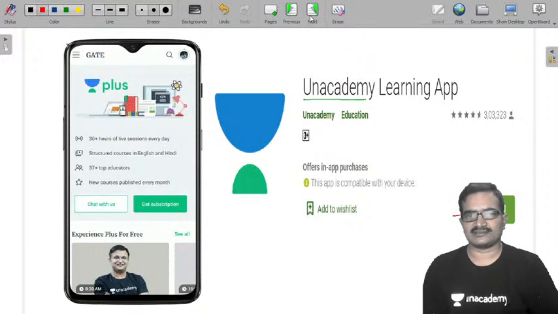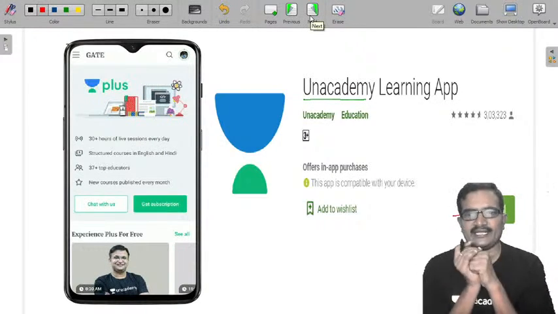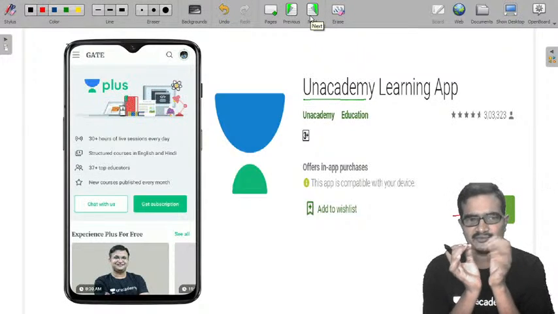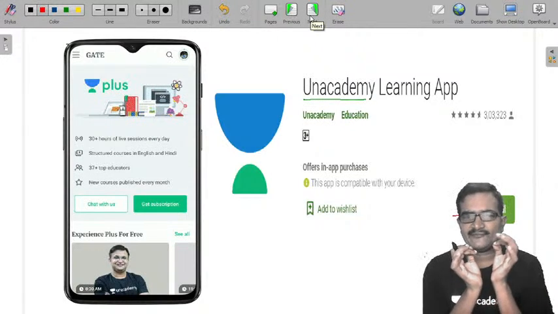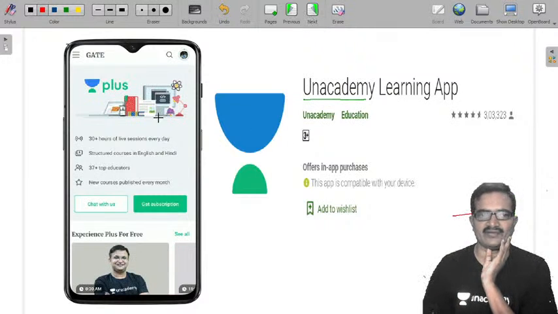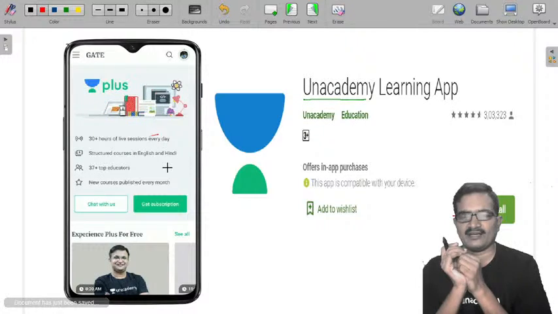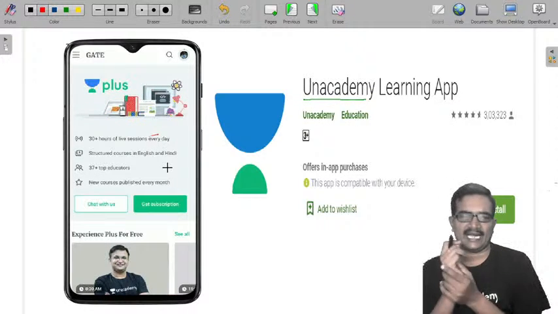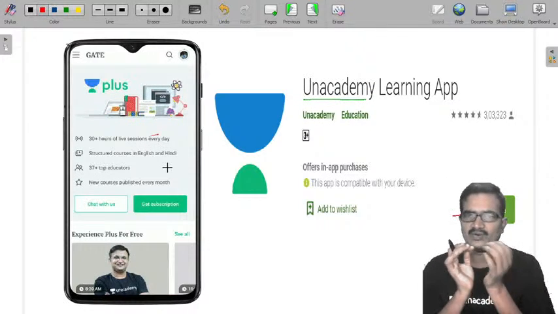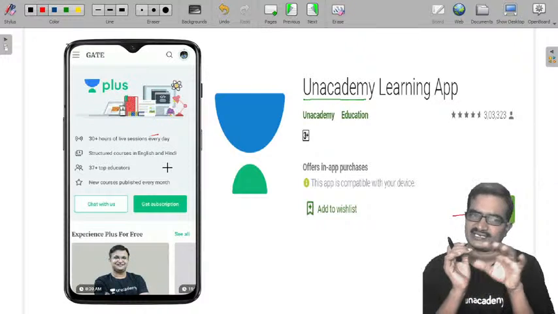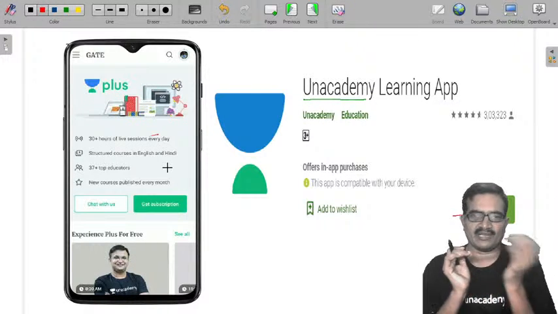Once you open the Unacademy learning app, you can observe the different courses we have, and who are the faculty handling the subjects in each respective course. For example, I am taking computer science.